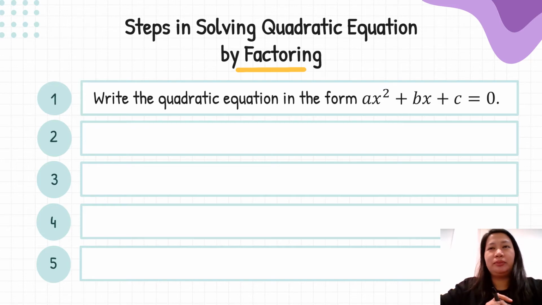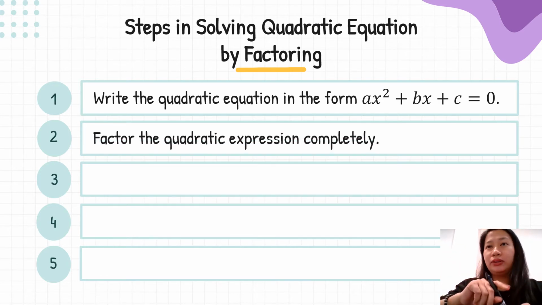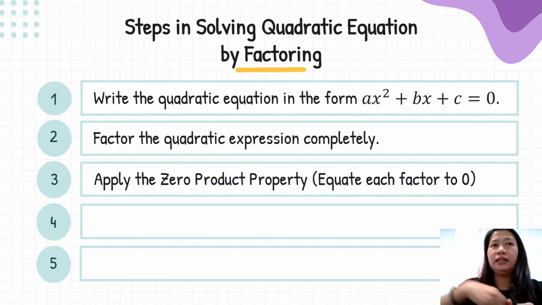The next thing we will do is we will factor. Yung ginawa natin kanina sa review, gagawin po natin yun ngayon. We will factor the quadratic expression completely. Yung complete, yung pinaka-factor na po niya. And we will apply the zero product property. When we say applying the zero product property, we are just equating each factor to 0.